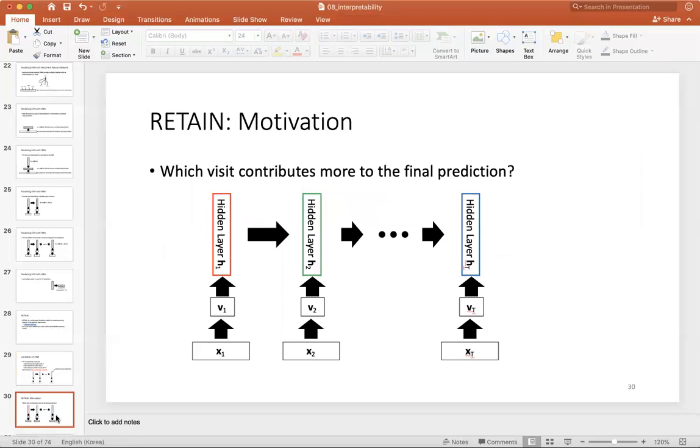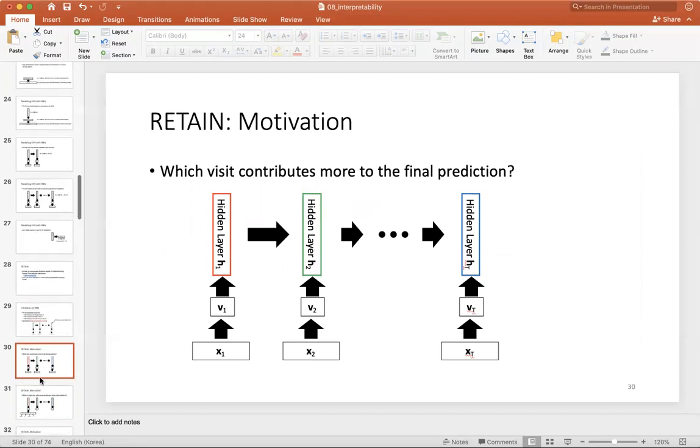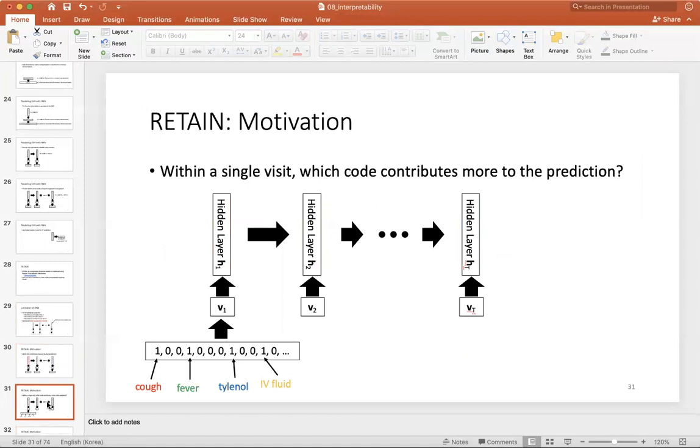As I said, we should ask two questions when it comes to EHR, because it's a two-layer structure. One is, which visit contributes more to the final prediction, because there are multiple visits, starting from H1 all the way to HT. Second, in a specific visit, what particular code or concept contributed towards the final prediction? As in our early example, there were 4 things happening in V1, and something should be more important for predicting heart failure.